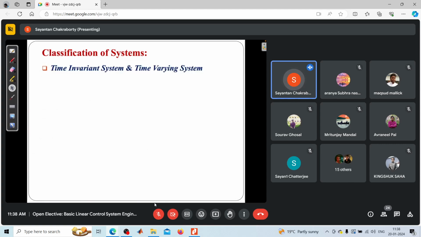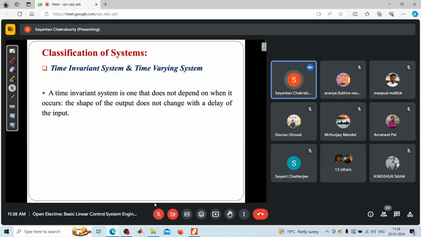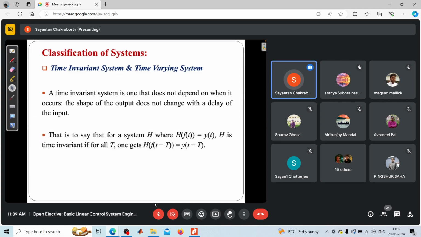Then time invariant and time varying systems. A time invariant system is one whose response doesn't depend on when the excitation is given. The shape and nature of the output is invariant whenever the input is given. This can be represented as follows: suppose you give an input f(t), the corresponding output is H(f(t)), say y(t).